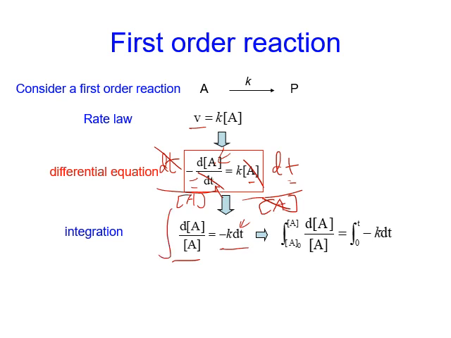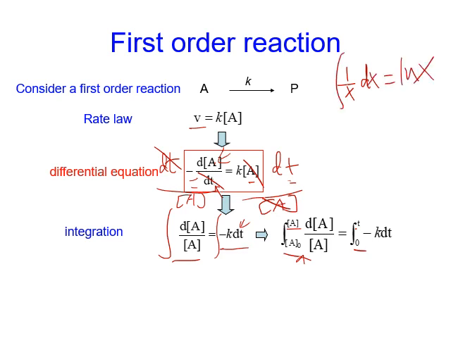Now we are ready to integrate, with the concentration changing from initial A0 to final A when time changes from 0 to t. So what's the integration? On the left side, the common integral is 1 over x dx, whose integration is ln x.